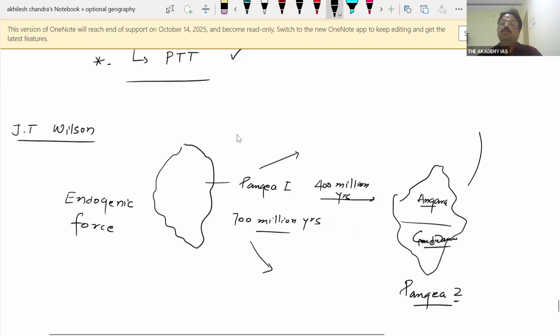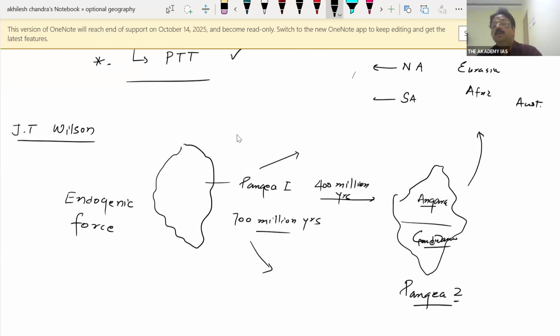And it is also taking the shape of North America, South America, then Eurasia, then Africa, Australia. And one day what happened, this North America moved like this and the entire Pacific Ocean is going to vanish.